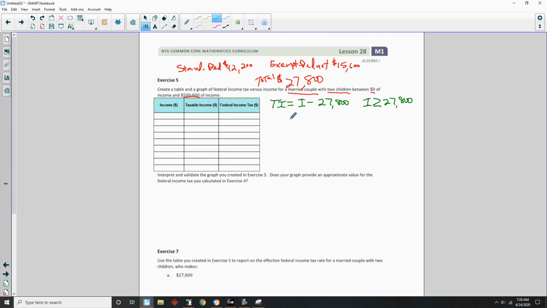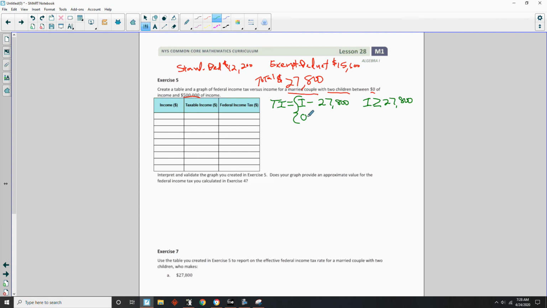If my taxable income is, so this is going to be a conditional statement, so we're going to have a piecewise function, if you will. We could also have 0. So if my income is less than $27,800 and I subtract $27,800 from it, I get negative values, and it was told us before that that's just 0.